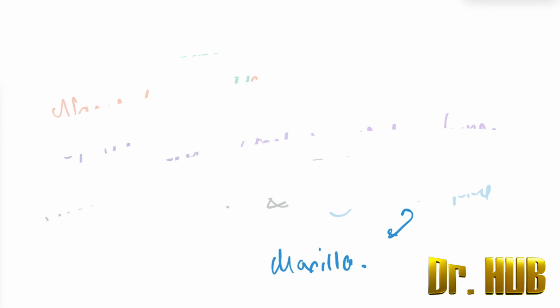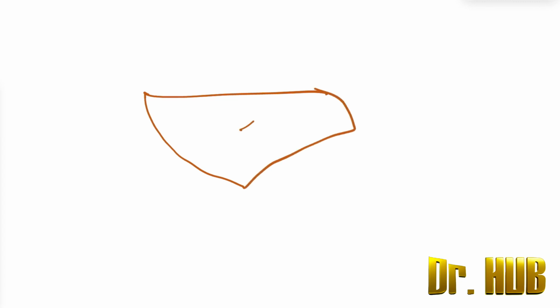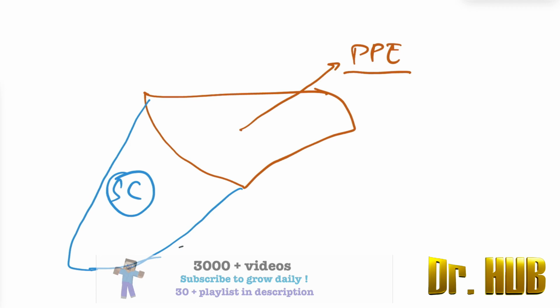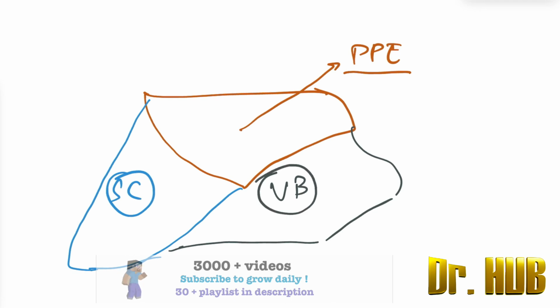Now let's draw a rough diagram to see the structures of the nasal septum. This will be the perpendicular plate of ethmoid, and below that comes the nasal septal cartilage, and towards its side this will be the vomer bone.